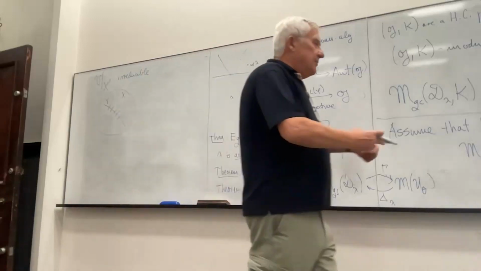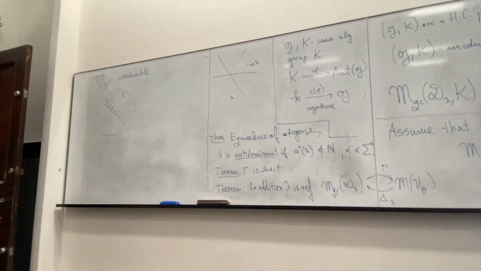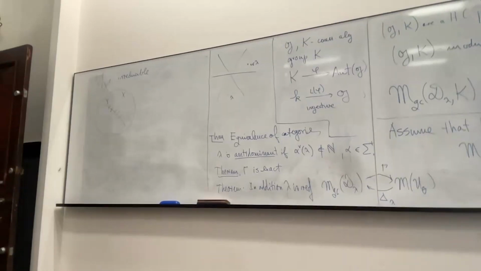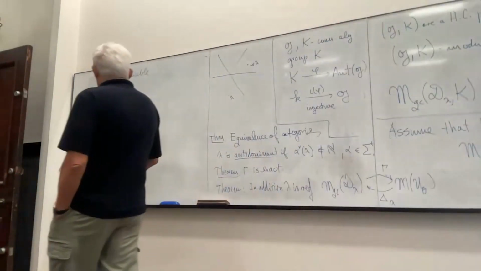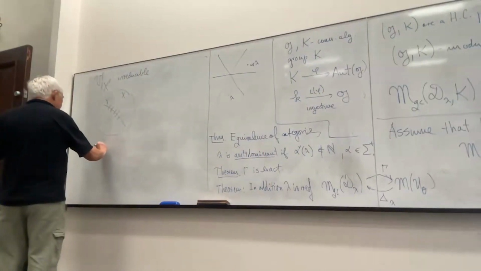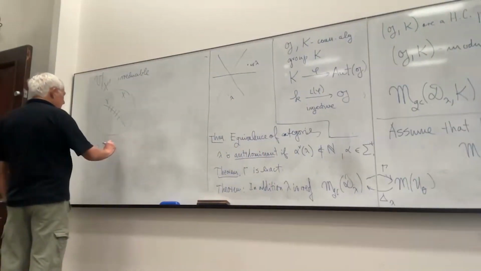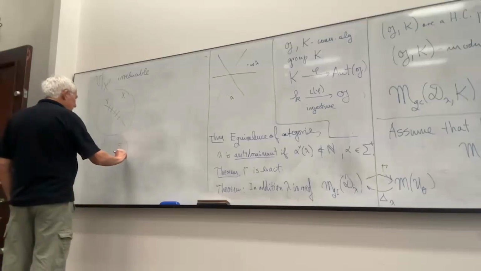And it preserves coherence and holonomicity, and so basically this implies that V lambda, V restricted to X prime, is a direct image.